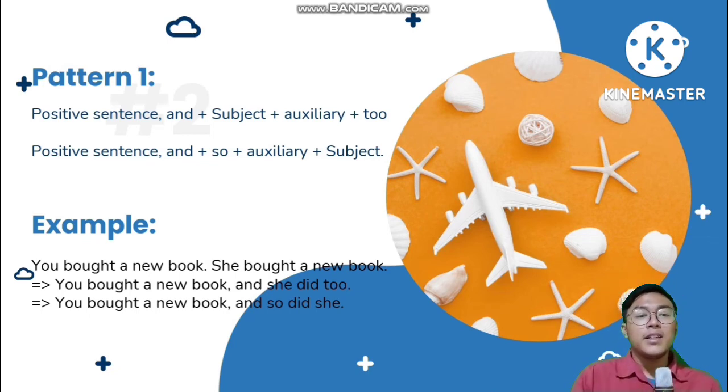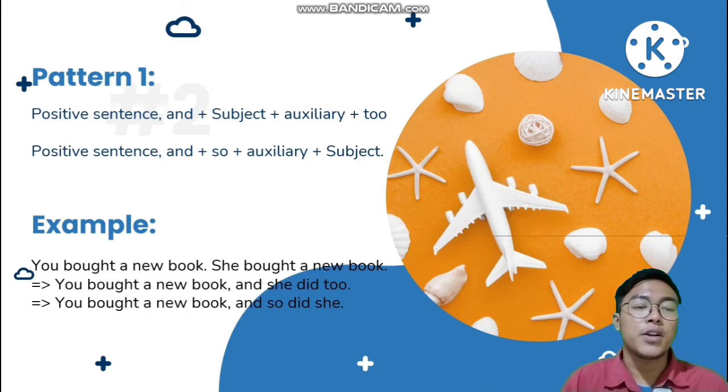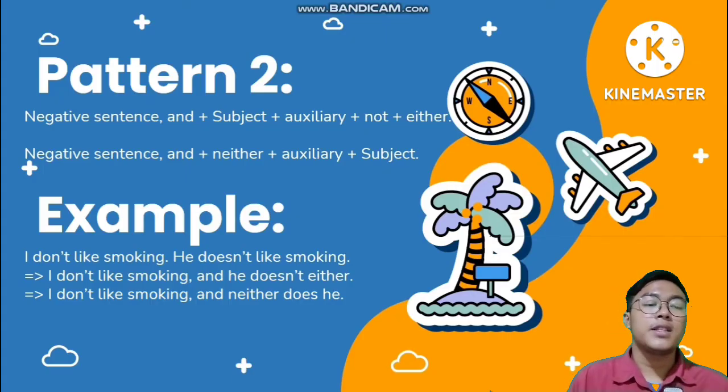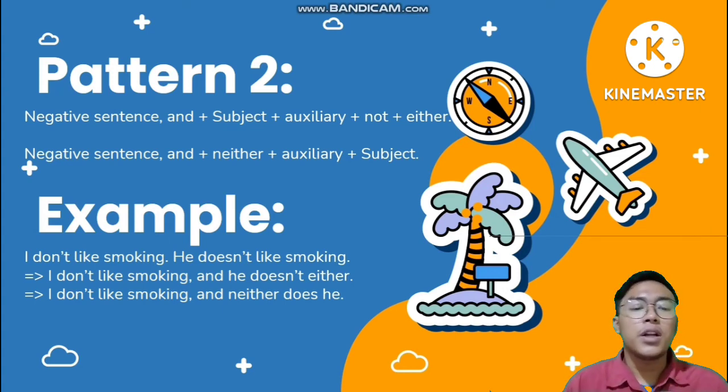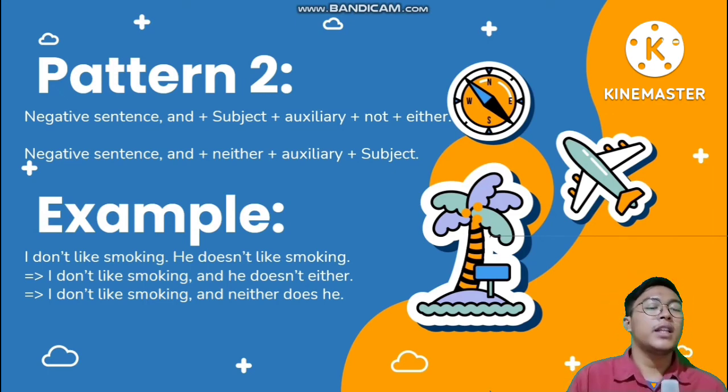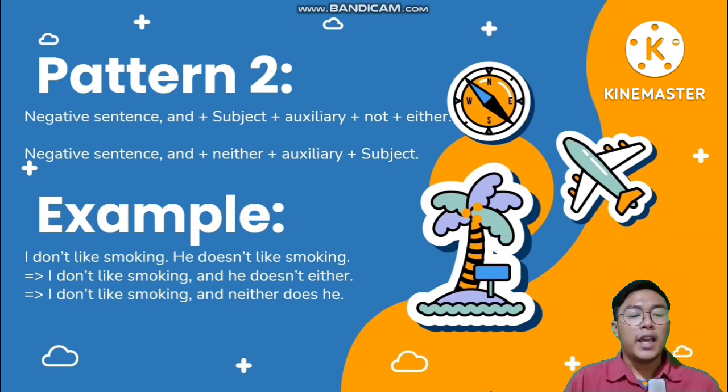Okay, we're going to move to the second pattern. There is a negative sentence and plus subject plus auxiliary plus not plus either, or negative sentence and plus neither plus auxiliary plus subject.